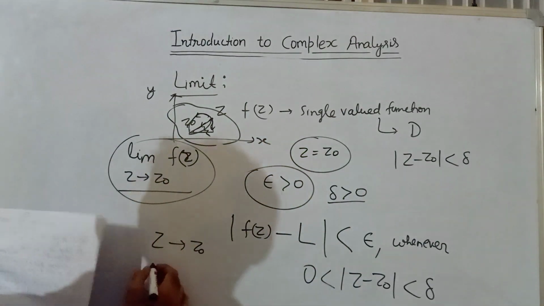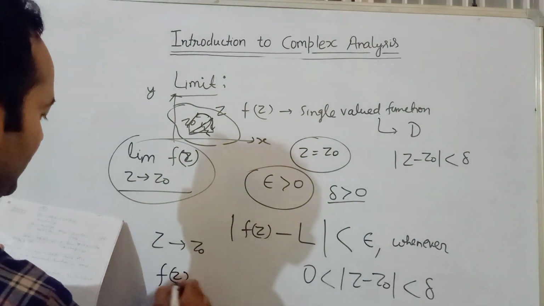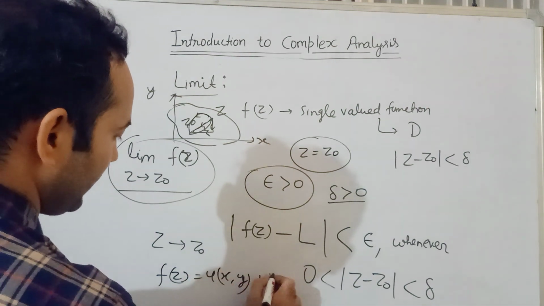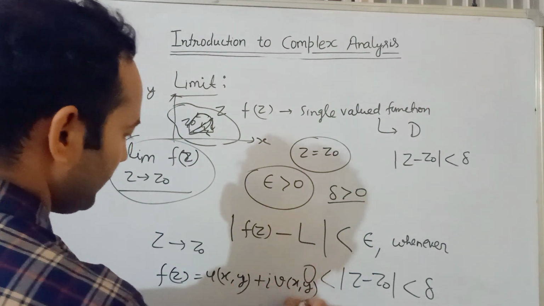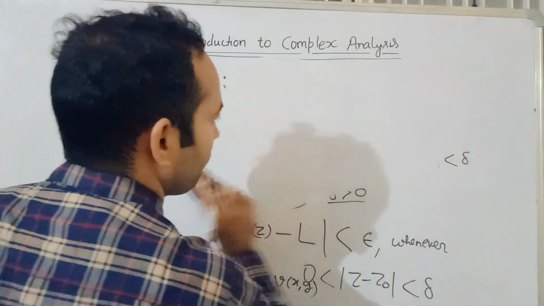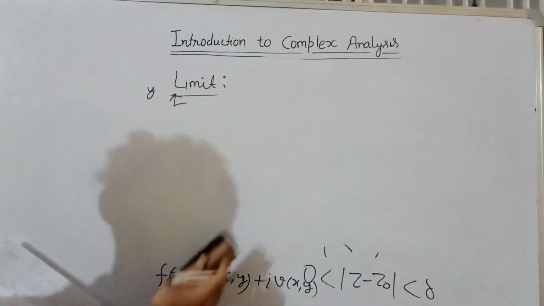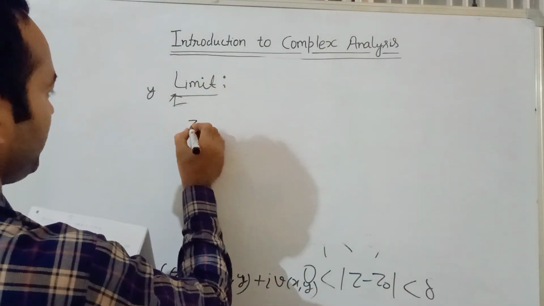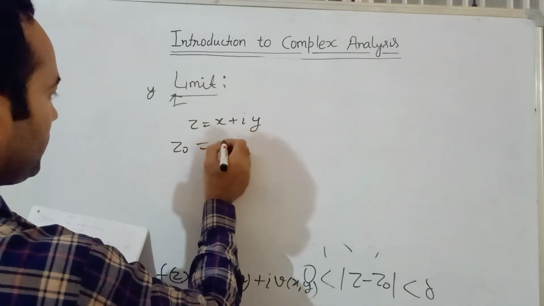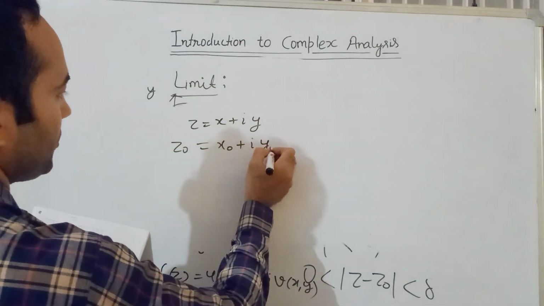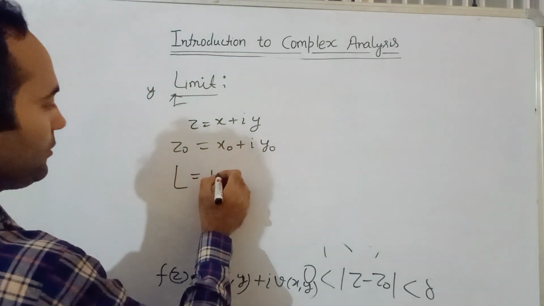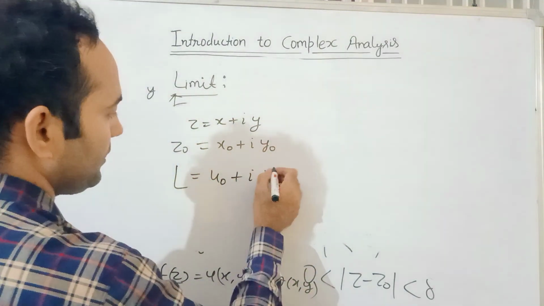Let me tell you a theorem. If f(z) is u(x,y) plus i v(x,y), and z = x + iy, and z0 is (x0, y0), then the limit would be u0 plus i v0.